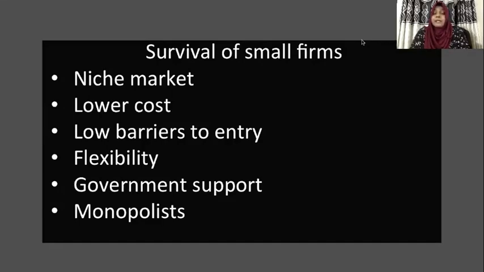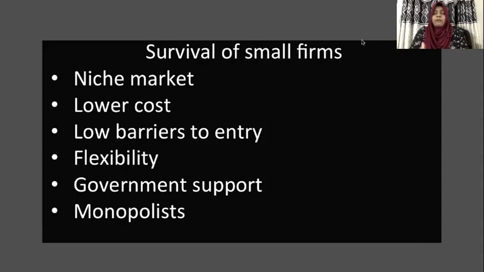It will be easier for small firms to cater to the needs of an individual market, or they can identify the market as a smaller segment. Hence, it will be easier for them to provide that particular good or service to customers effectively than a large firm. Because in the case of a large firm, their market will be quite large, and it will be difficult for them to identify the individual market and cater to the needs of each individual customer, right? So that is one advantage of being small.